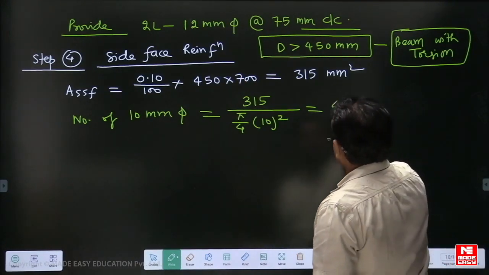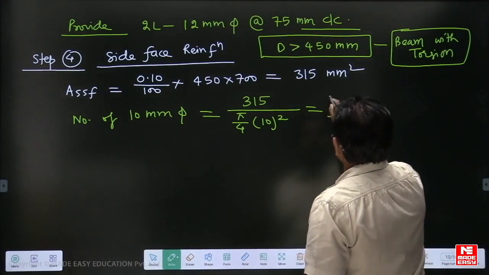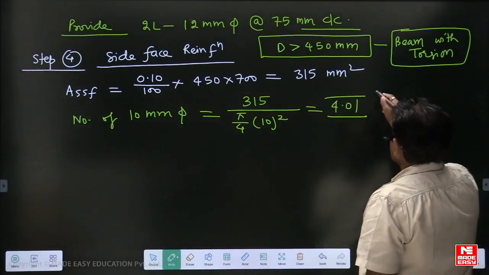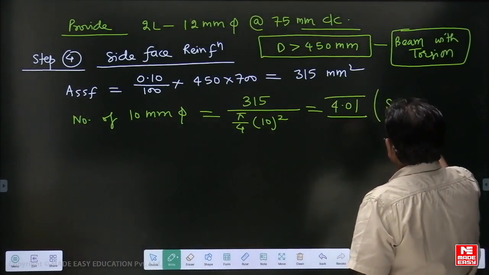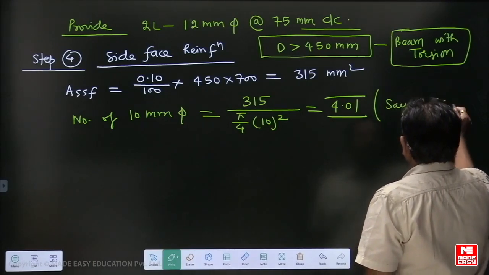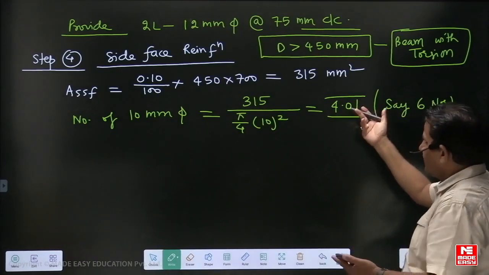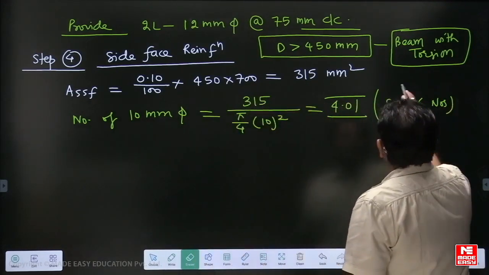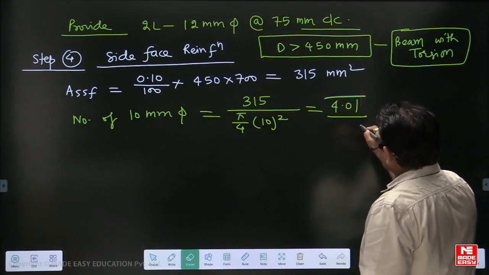See, it is coming 4.01. Although you can provide 4 also, because it is coming more than 4, let's say provide 6 number. Or you can neglect 0.01 and provide 4 number, because this is not a very important reinforcement. You can provide just 4, it's okay.